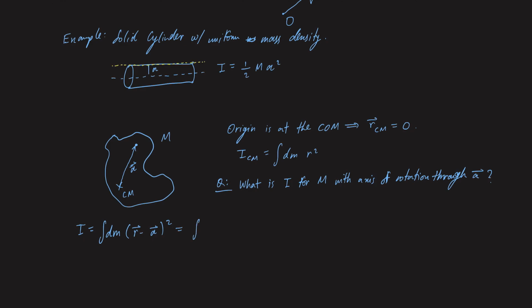Let's carry out this integral. We get that this is equal to the integral of dm times r squared minus 2 r vector dot product with a vector plus a squared. Let's split this as such.